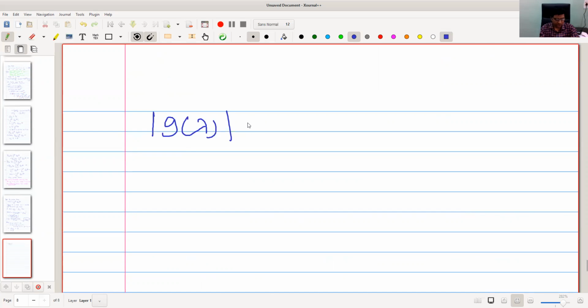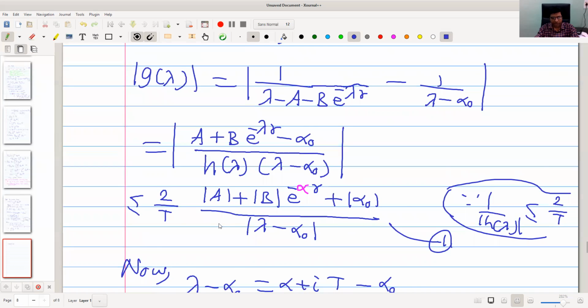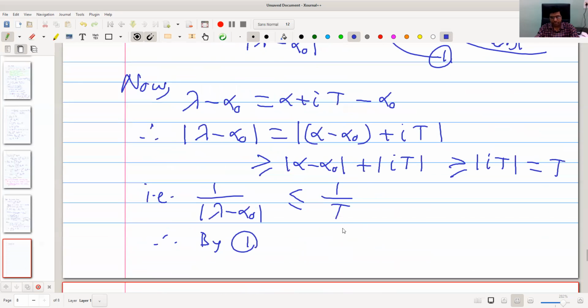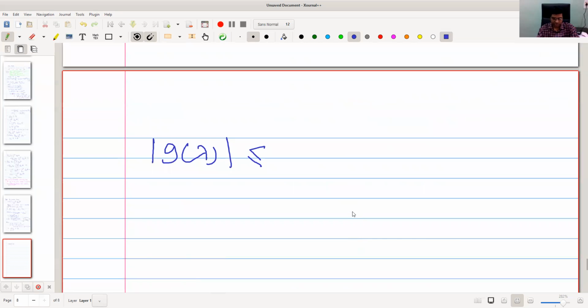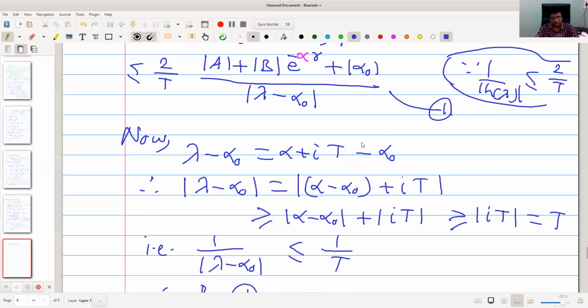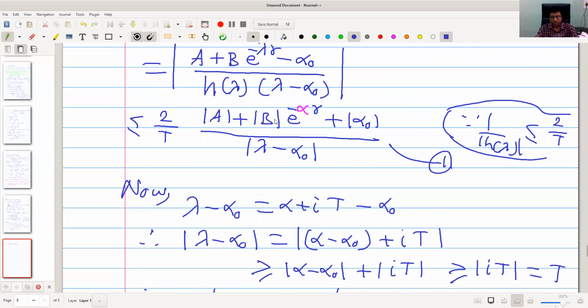Mod of g of lambda is less than or equal to 2 by t, and this is also replaced by 1 by t. So 2 by t square into everything else as it is: mod a plus mod b e raised to minus alpha r plus mod alpha 0.